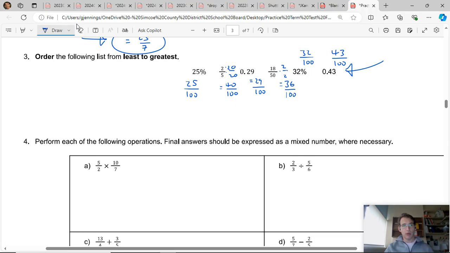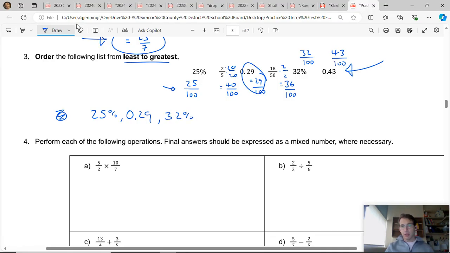And so, ranking them from least to greatest in the order of the form in which they're given, the least is 25%. So we're going to start with 25%. And then the next biggest is this 29, so that's 0.29. Okay, and then the next biggest is 32%.